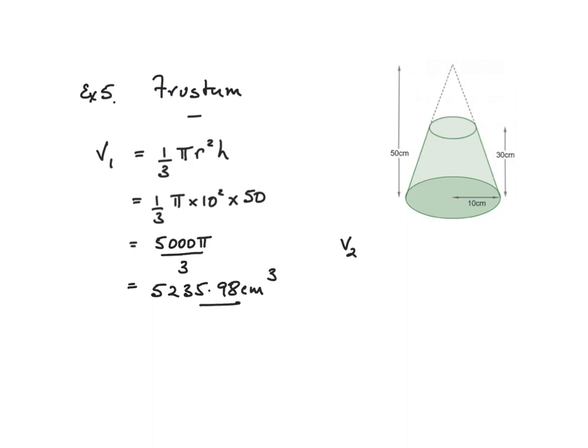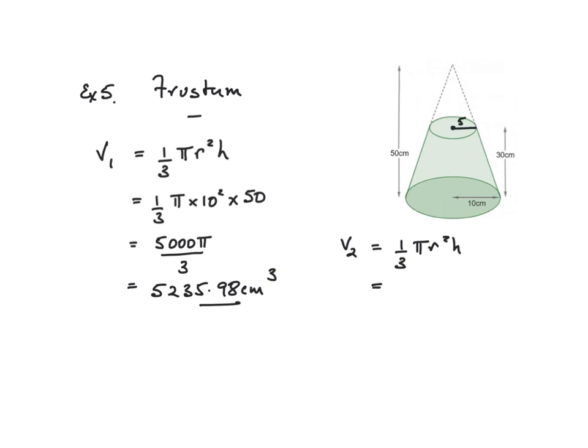Volume 2, the volume of the smaller cone. Now there's something missing from the diagram. That's this dimension here. The radius of the circular base of the smaller cone. I'm going to call that 5 centimetres.